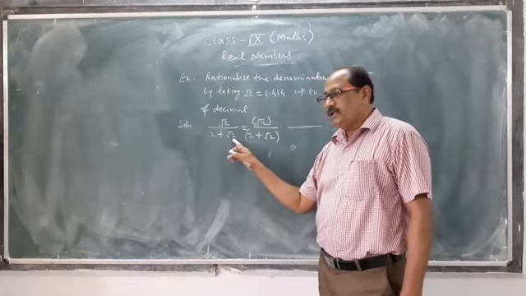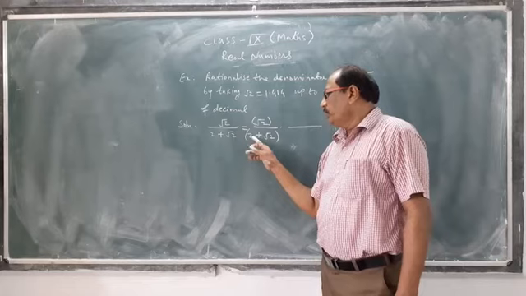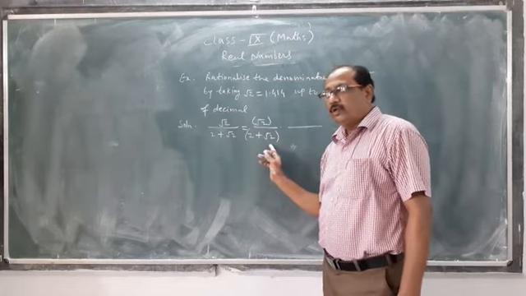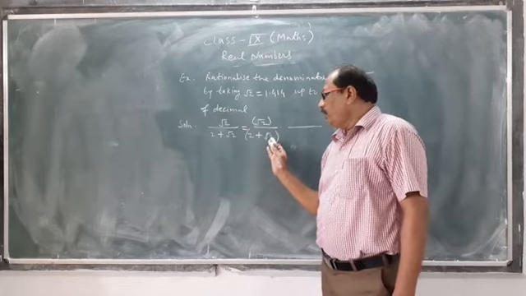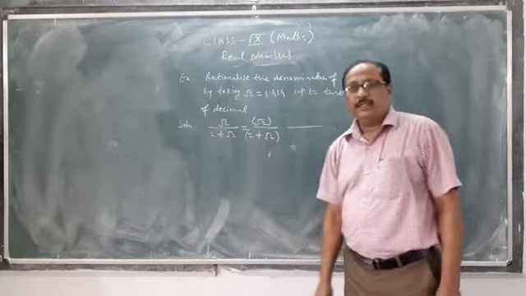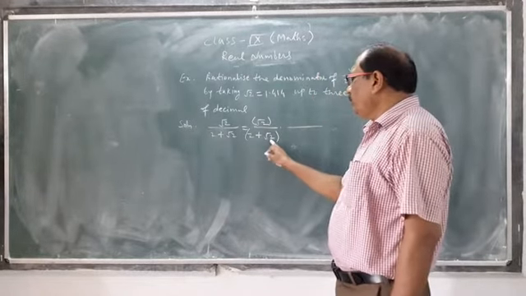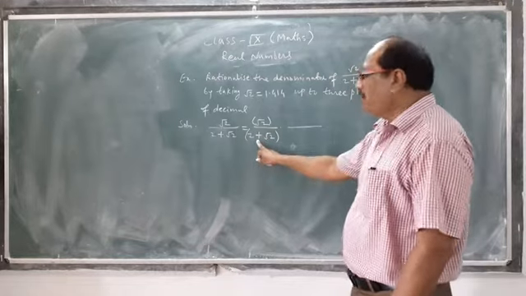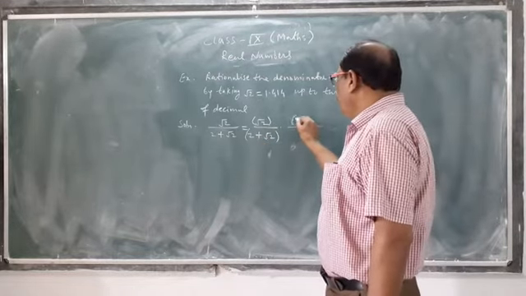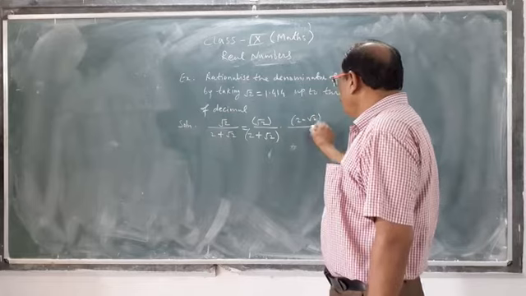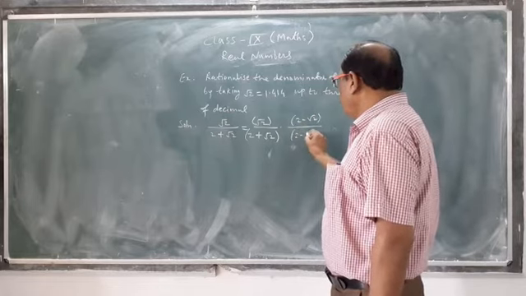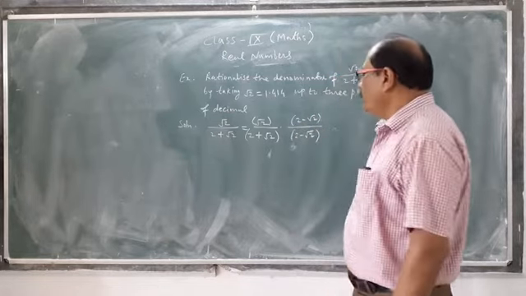Rational plus irrational means irrational number. Therefore, we have to multiply by the conjugate of the irrational number. Conjugate means the same number but with a different sign, means 2 minus root 2. Here also write 2 minus root 2.